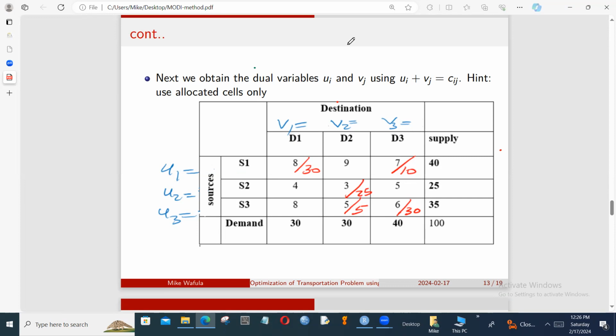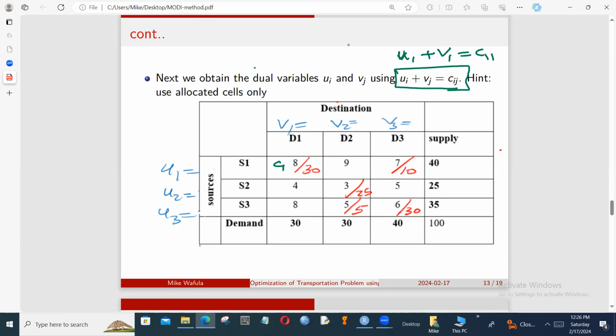Now, the only condition we are going to use when solving and finding the values of these dual variables is this condition we are emphasizing: Ui plus Vj is equal to Cij. In other words, U1 plus V1 should be equal to C11.